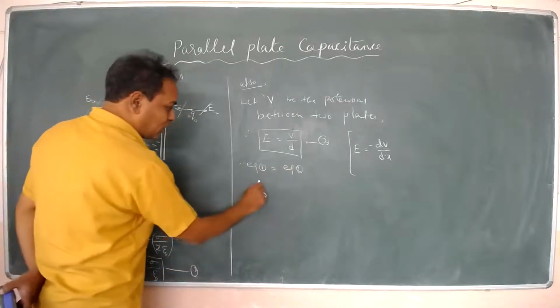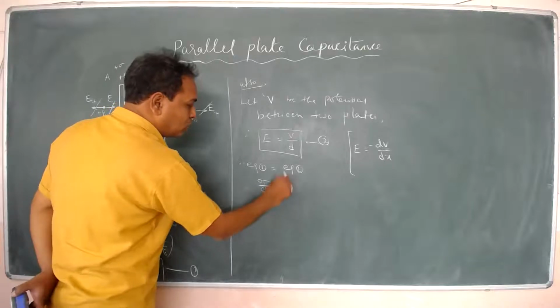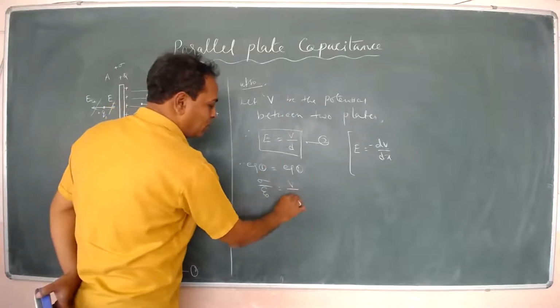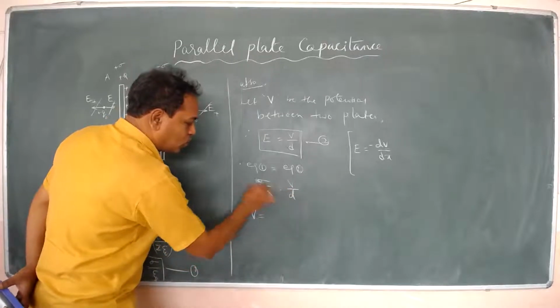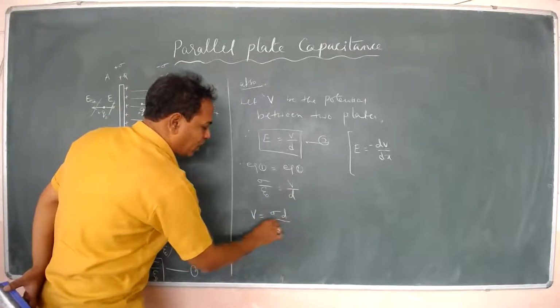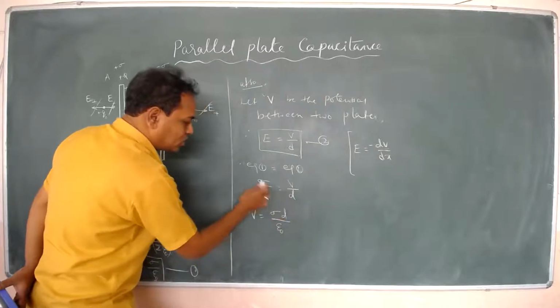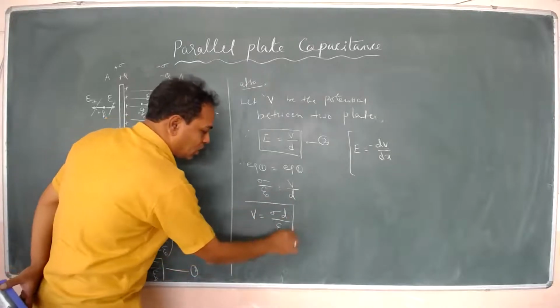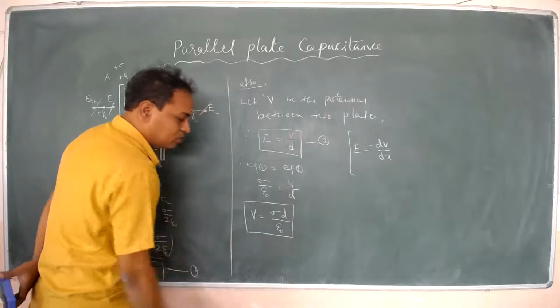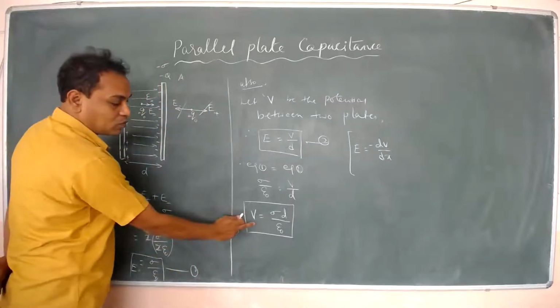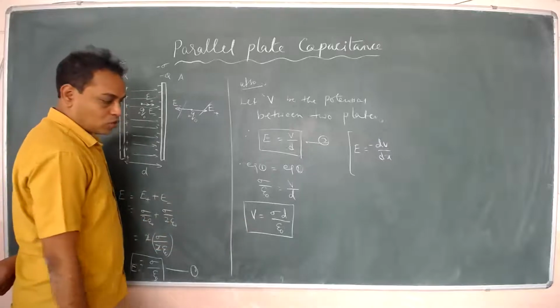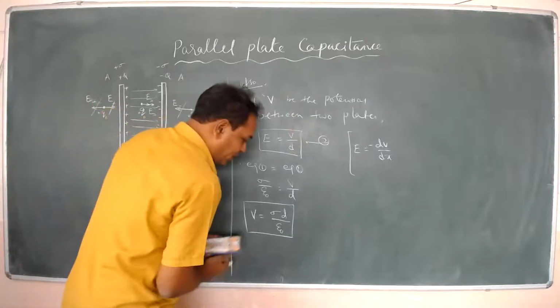So sigma by epsilon naught is equal to V by D. Therefore, V is equal to sigma D by epsilon naught. This is the electric potential, the potential difference between the two plates.